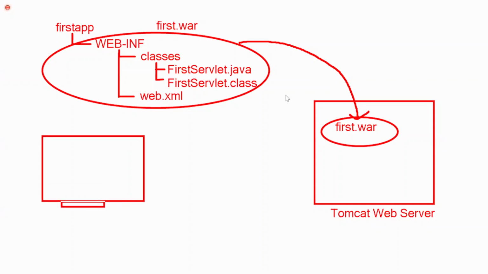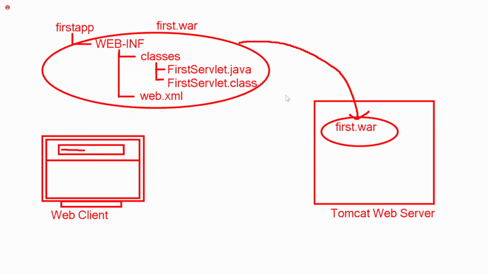We have to open the browser. Browser is called web client. That is the web server, and this is the browser, the web client. Any one browser you can use. In this browser, you'll type some URL. What is a URL? What is a URI? What is URN? What's the difference? I'll explain that here. From the browser, we'll send the request to the server.